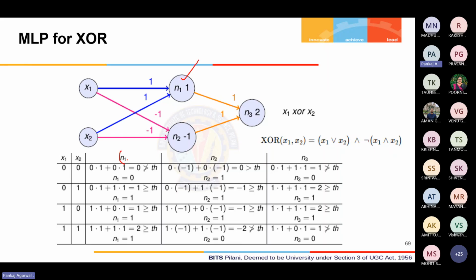For the first part, OR: when you give both inputs 0 0, it results in 0. When 0 1 is given, it results in 1. When 1 0 is given, it results in 1. And when 1 1 is given, it results in 1.